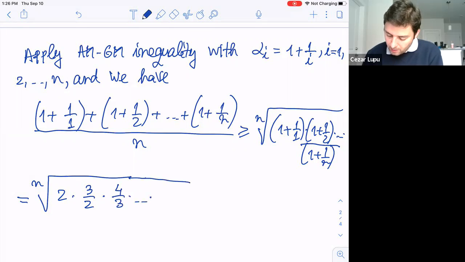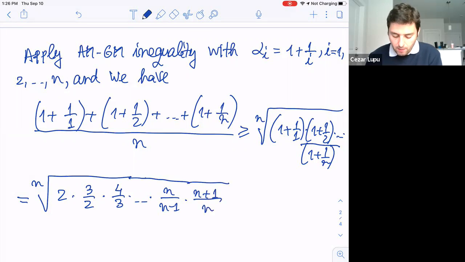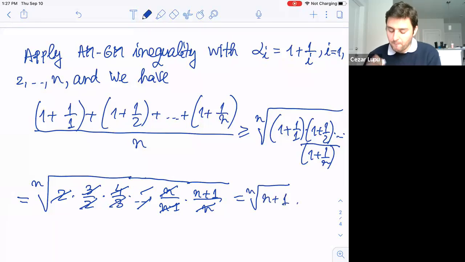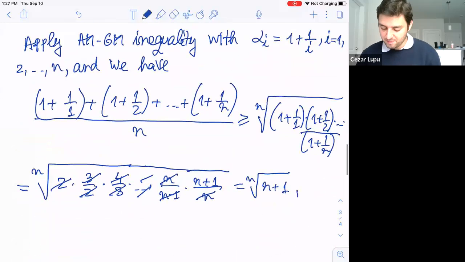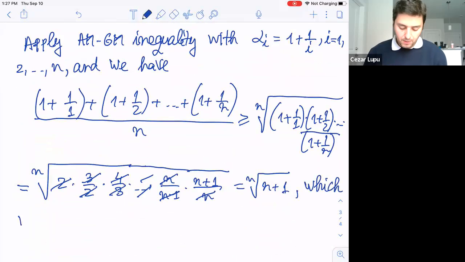Times, and we keep going all the way to 1 plus 1 over n minus 1, that would be n over n minus 1, times the last one, which is n plus 1 over n. Guess what happens? Look, boom. This one will go with this one here, this one with somebody here. The only guy that's left is n plus 1. Well, that's exactly what we wanted to prove.